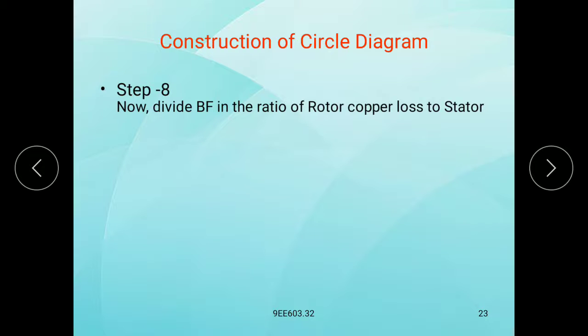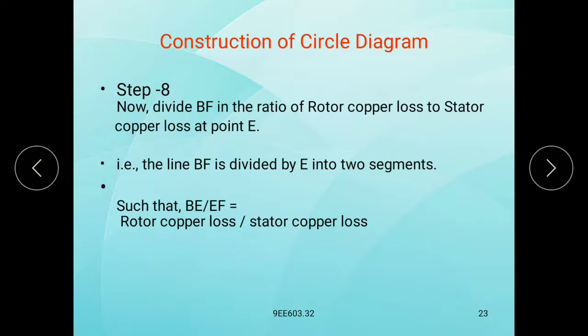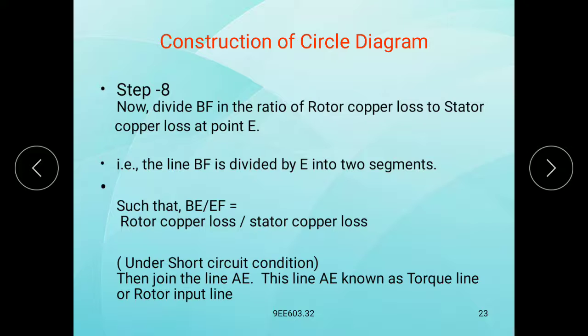Now divide BF at a point E in the ratio of rotor copper loss to stator copper loss, so the line BF is divided by E into two segments, BE by EF, equal to rotor copper loss by stator copper loss at the short circuit condition.